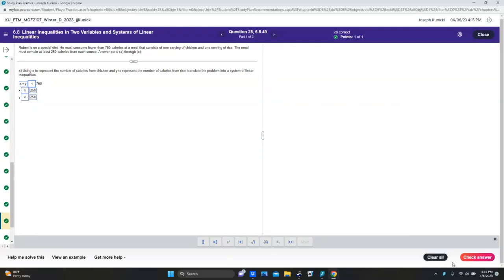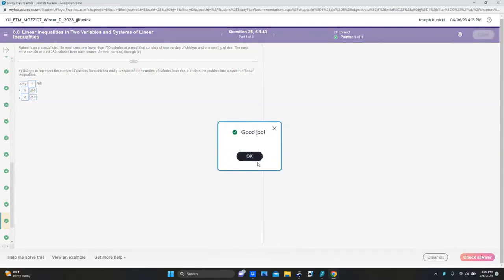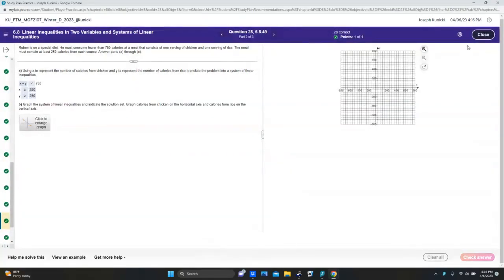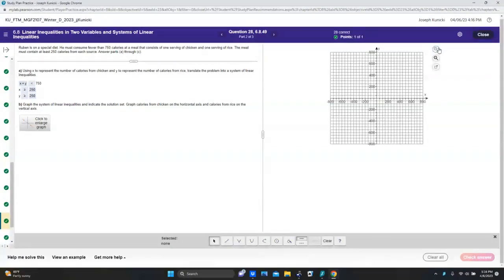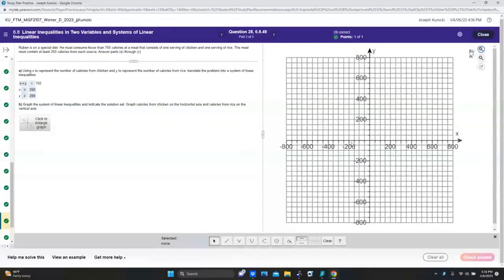So that's where we get our inequalities. And now they're going to ask us to draw these. Once again, the bottom two are easier to get because they're just horizontal and vertical lines. X greater than or equal to 250. So the first two constraints I'm going to draw are solid lines.